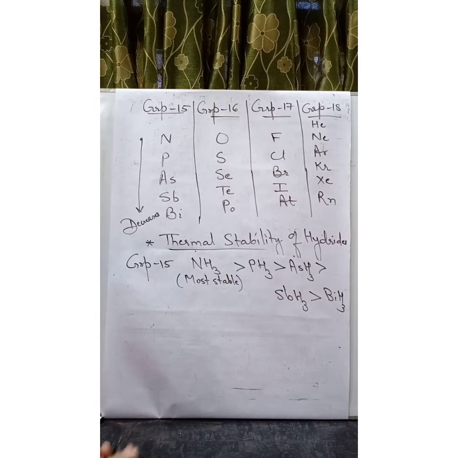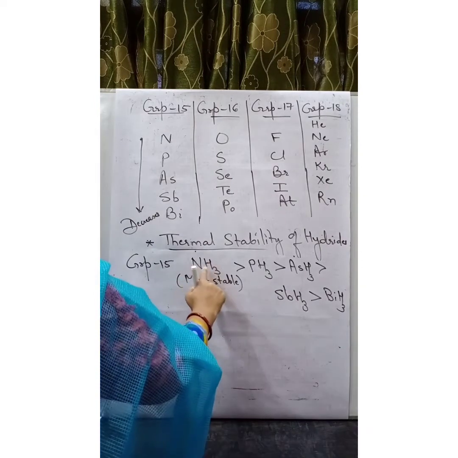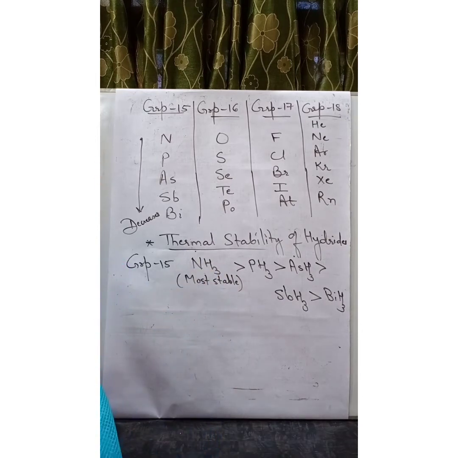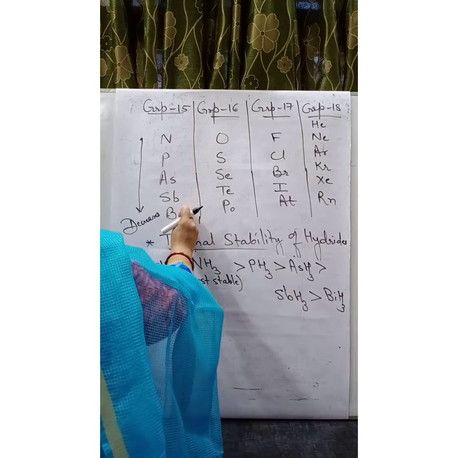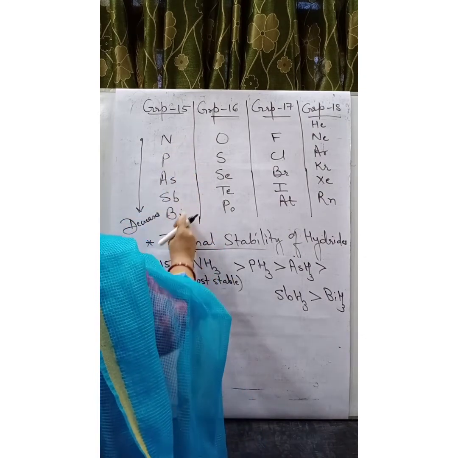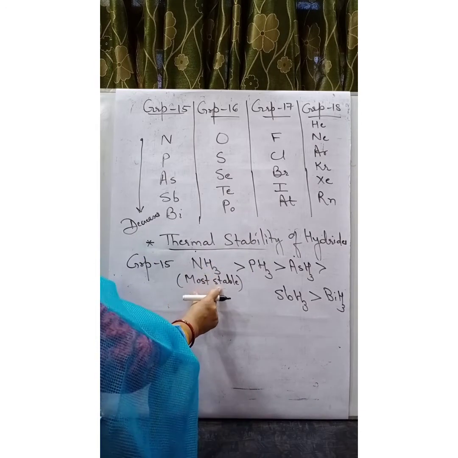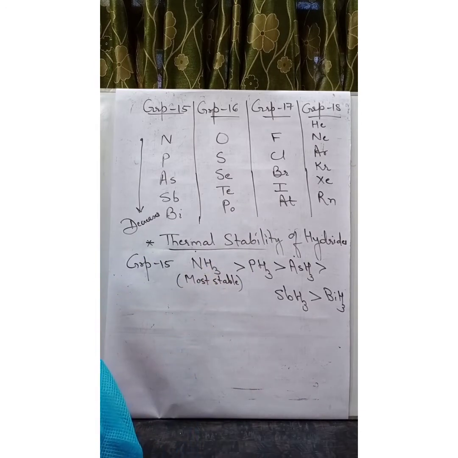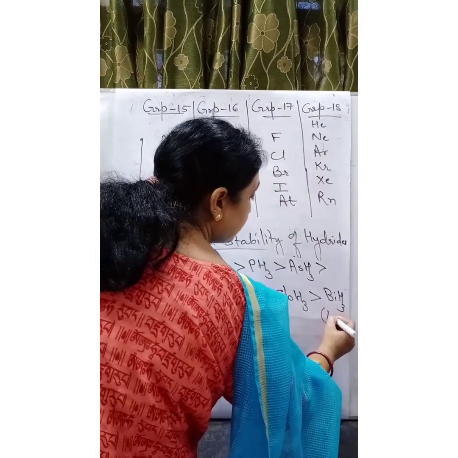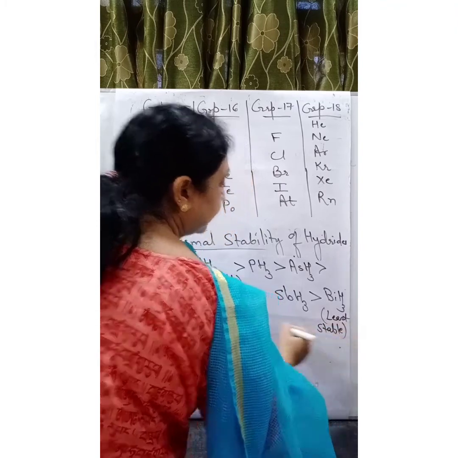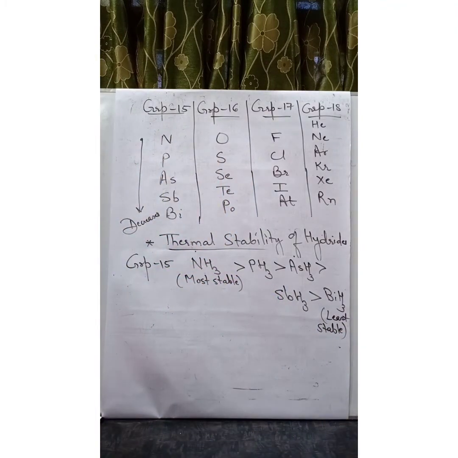What does it mean? The bond between nitrogen and hydrogen is very strong and does not break very easily, and as we move down the group, due to increase in atomic size, the thermal stability of hydride decreases. So NH3 is the most stable hydride in group number 15, whereas BiH3 is the least stable hydride due to the bigger size of bismuth.